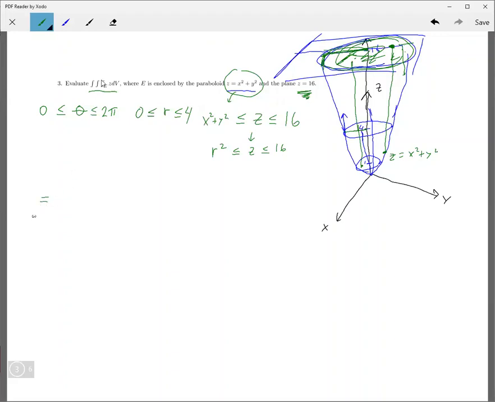Okay, so now the integral: theta is going to go from 0 to 2 pi, r is going to go from 0 to 4, z is going to go from r squared to 16. Inside you have a z, and then your dV is going to be dz r dr d theta.